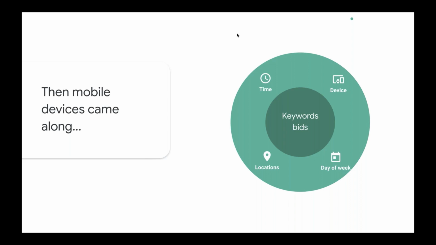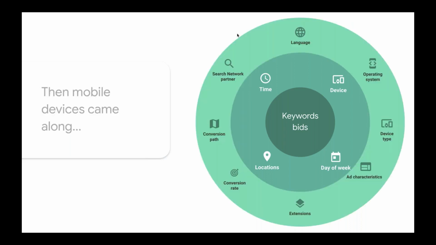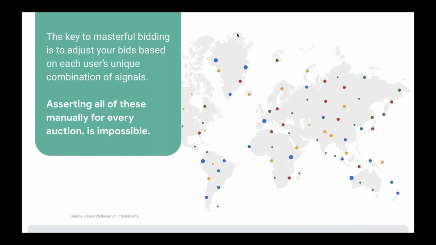But of course, we didn't stop there. We keep on progressing and adding more and more signals, to the point that today, as I mentioned, there are 75 million signals, which is tremendously hard and almost impossible to do by hand, right? I wish we all had supercomputer brains, but we don't.